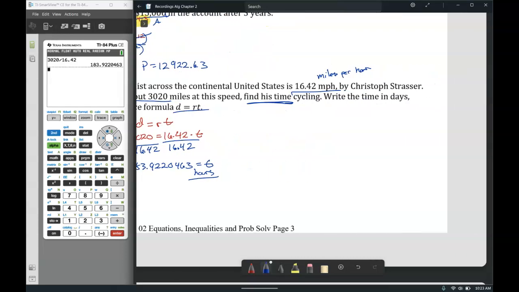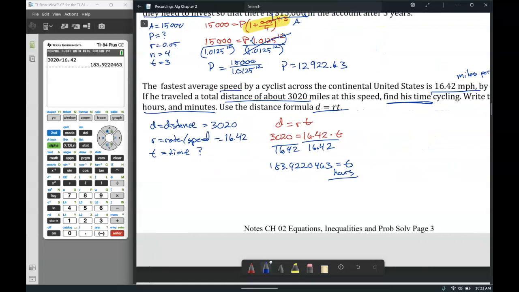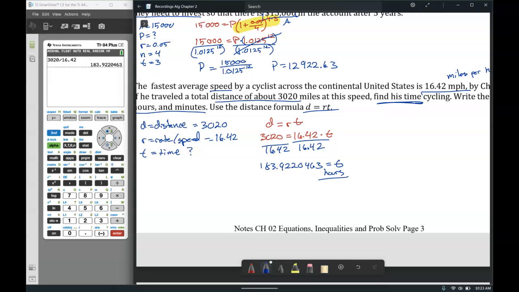Now the question said, let's go ahead and write the time in days, hours, and minutes. So we need to convert this long number into days, hours, and minutes. Let's split this and think about how we have 183 hours and 0.922, and that should be enough decimal places, hours.